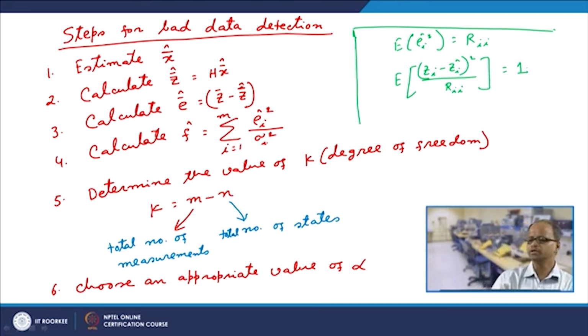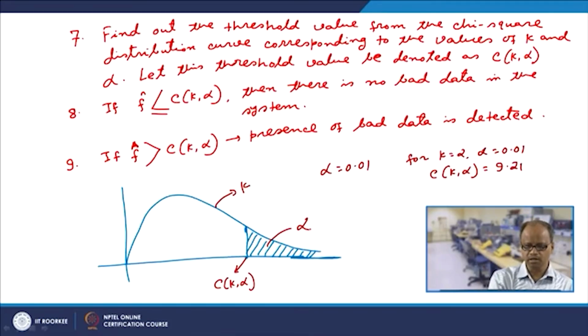So, what we are actually trying to do, but this is the expected value. In that case, what we calculate when bad data is detected is Ei hat divided by root over Rii.